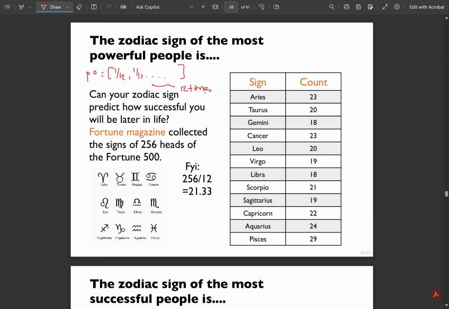And we want to know, if you have 12 star signs, what is the probability of each star sign being a CEO? And we believe in good faith that every star sign has equal probability. Therefore, P naught should be 1 by 12 for all 12. And this is the P naught we have.